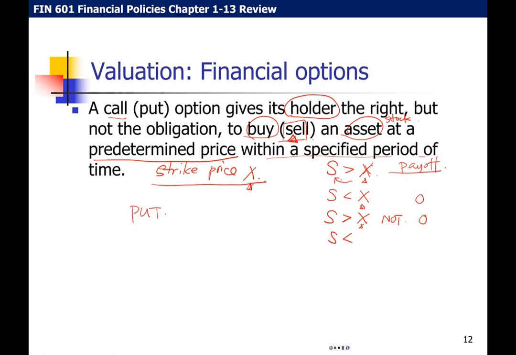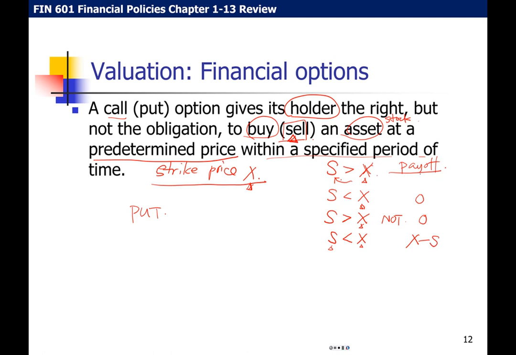Well, in the other case, when the market price is lower than strike, I can exercise the option and sell at a higher strike price. I can purchase the same stock in the market at the market stock price. So the difference X minus S is your payoff.